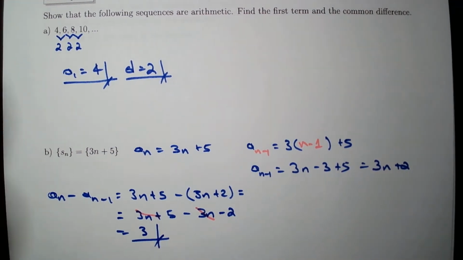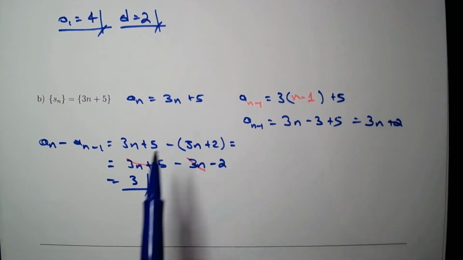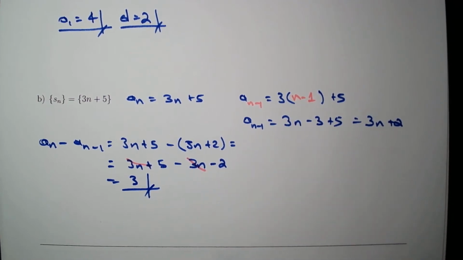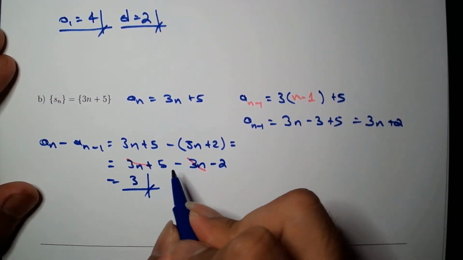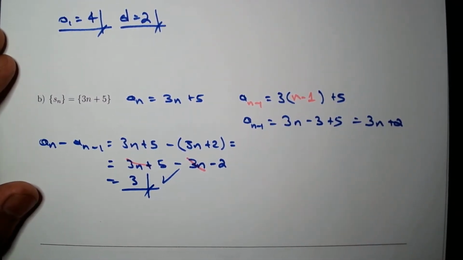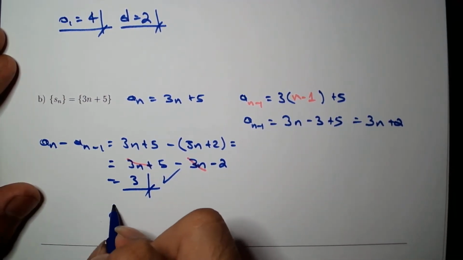Because in this case we get a constant, that means the difference between every single term is going to be constant. So we just proved that this is an arithmetic sequence with common difference d.